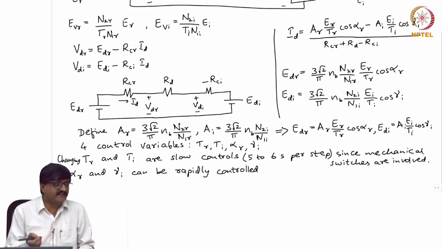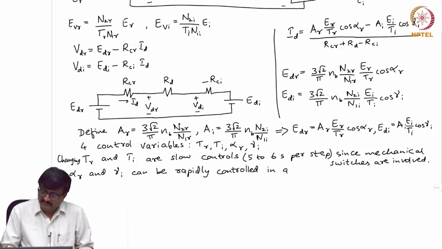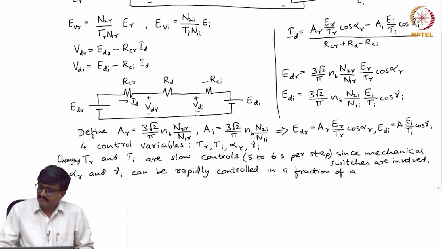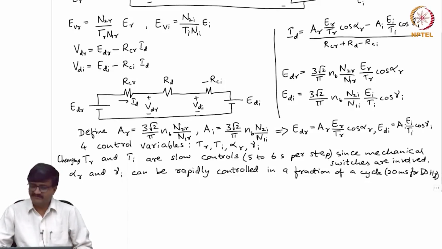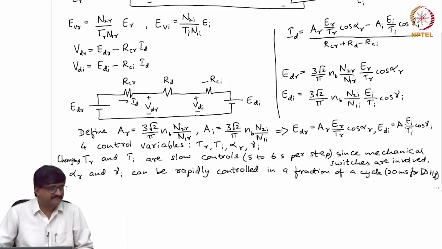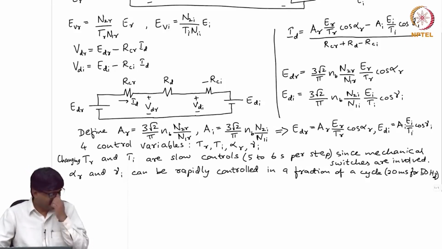It is a fraction of a cycle in fact. A cycle, if I take 50 hertz, is 20 milliseconds. So, it is not of the order of seconds, it is of the order of tens of milliseconds. It is much smaller and hence much faster.